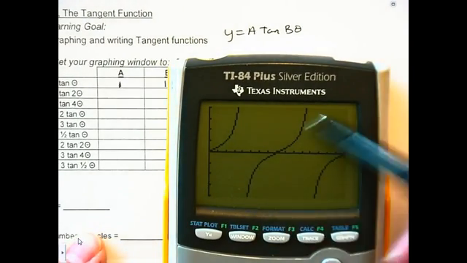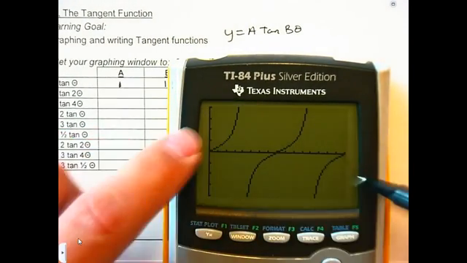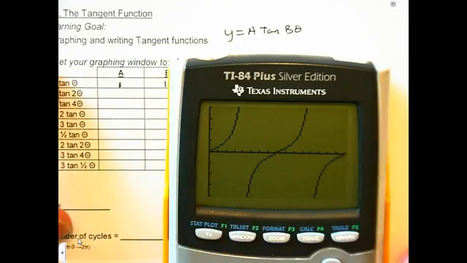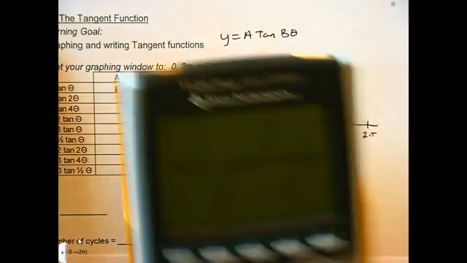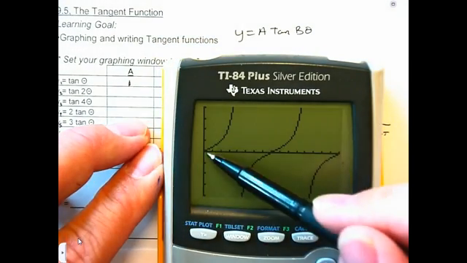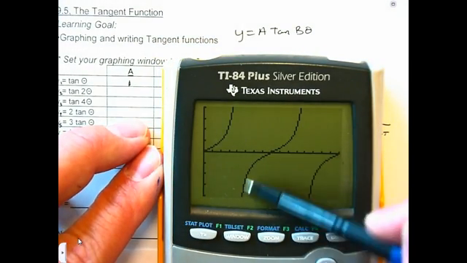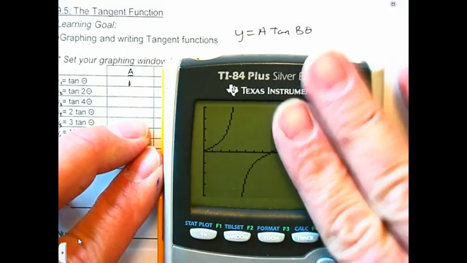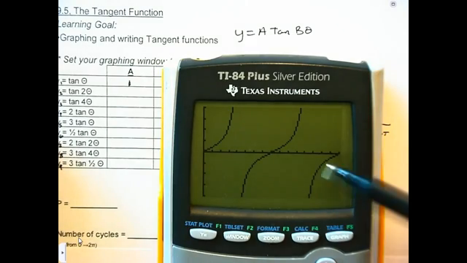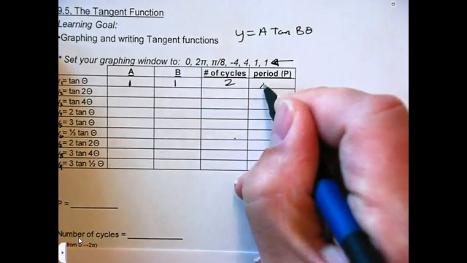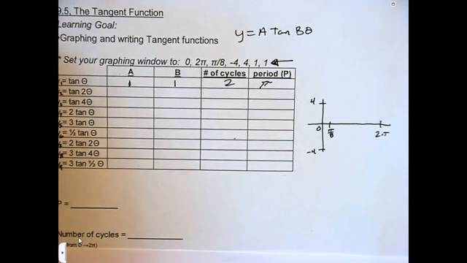Notice you see 2 iterations. If you put these 2 pieces together, that's 2 iterations there. Therefore, there are 2 cycles here. And the period length is actually, there's half a cycle, here's the other half. So if we just look at that part of the graph, that is a period length of half of 2 pi, or pi.